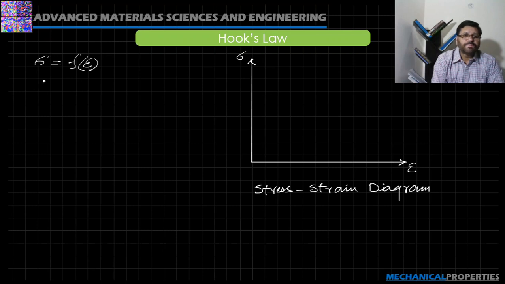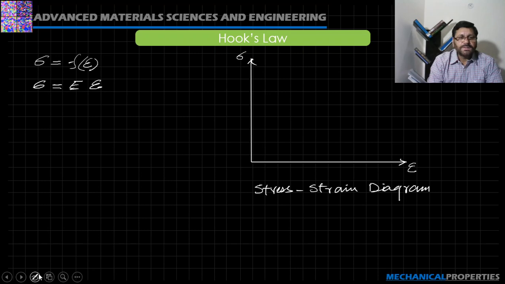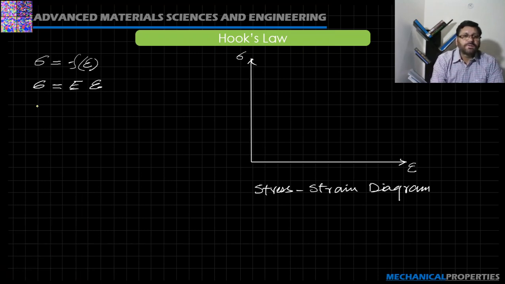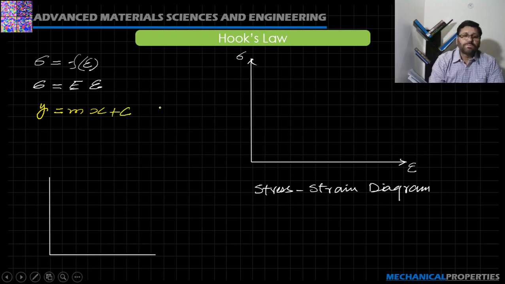As we have sigma is equal to E epsilon. Now comparing this with the equation of straight line, which is y is equal to mx plus c. Now plotting this equation of straight line, this is x, this is y.